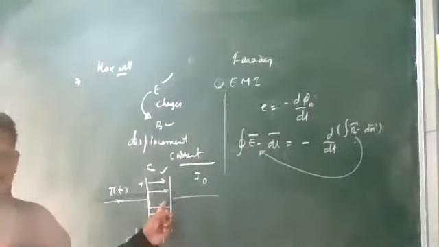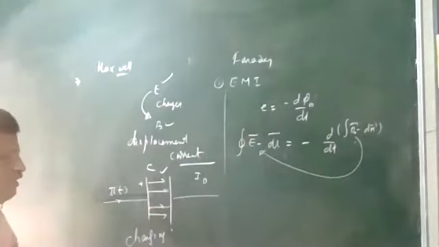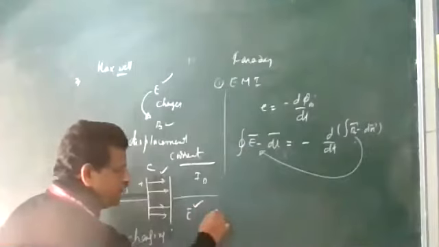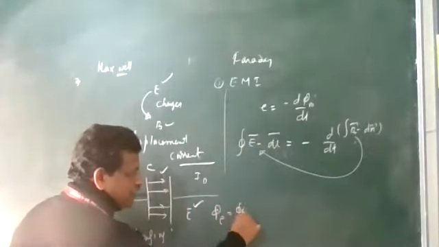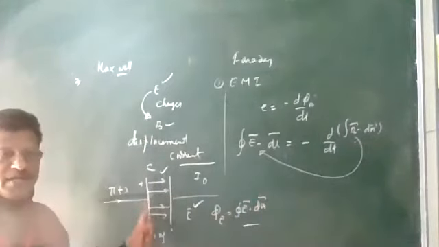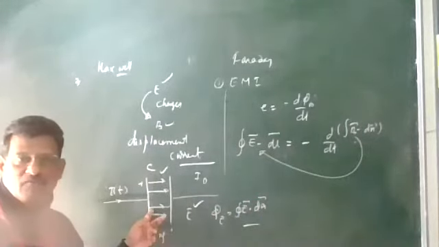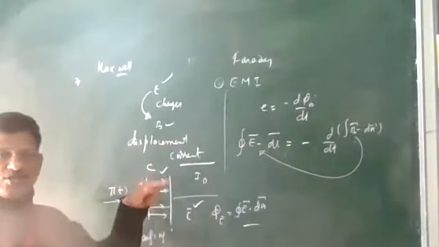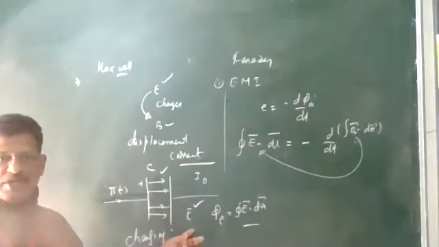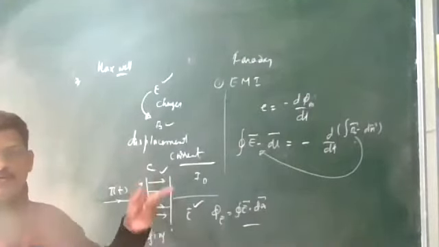Electric flux is integral E dot dA. That also will change. If you take any closed path here, the electric flux also will change. When the capacitor is charging, between the plates of the capacitor, electric field will change and electric flux will change.